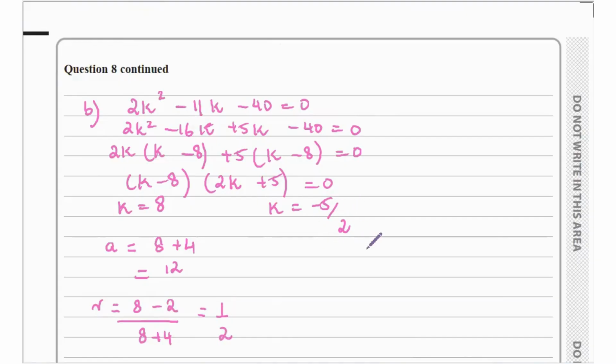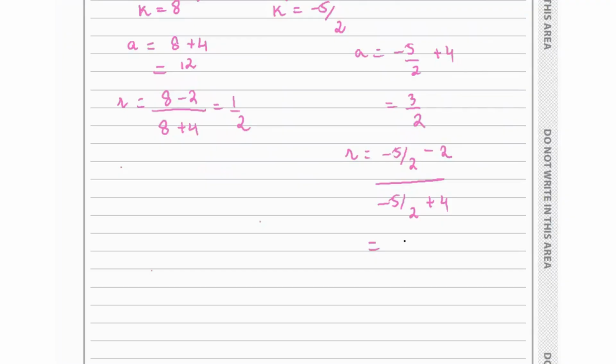If I use k equals negative 5 over 2, a is going to be negative 5 over 2 plus 4, which gives us a value of 3 over 2. So r is negative 9 over 2 divided by 3 over 2, which simplifies to negative 3.